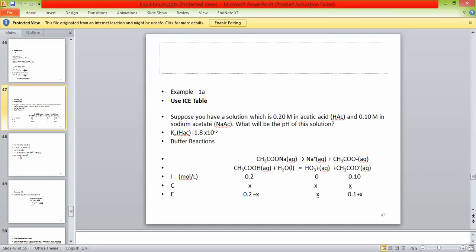So pKa equals the negative log of Ka. Therefore, the negative log of 1.8 times 10 to the power negative 5. And one of you, I think that should have been Muzira, said the answer is 4.7 something. That is your pKa value.